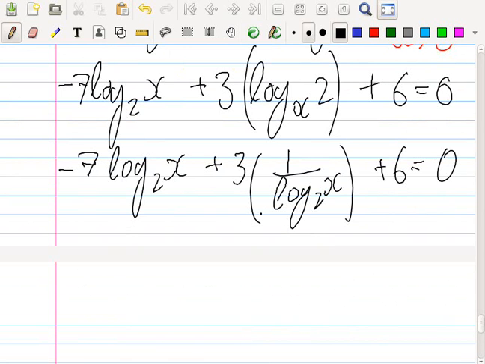Now, it's not too bad now, but it's still not great. Here we have log 2x, and here we have log 2x, but the problem is one is in the numerator and the other is in the denominator.